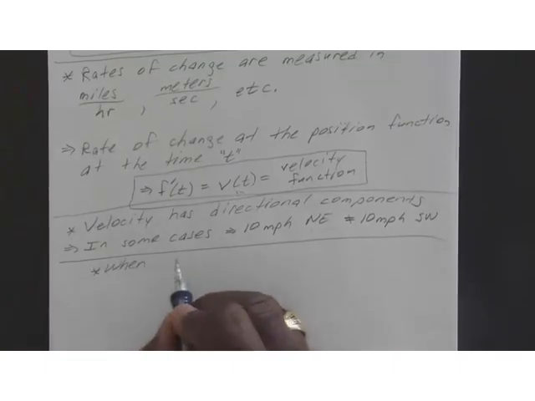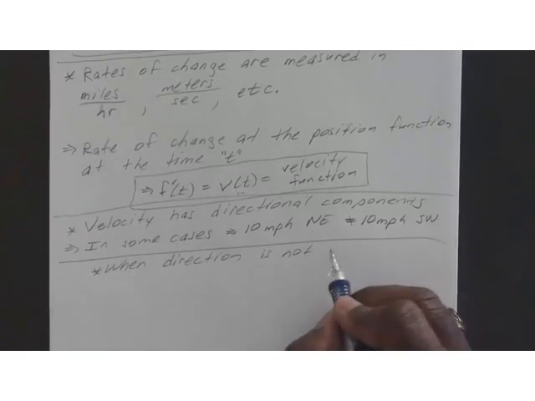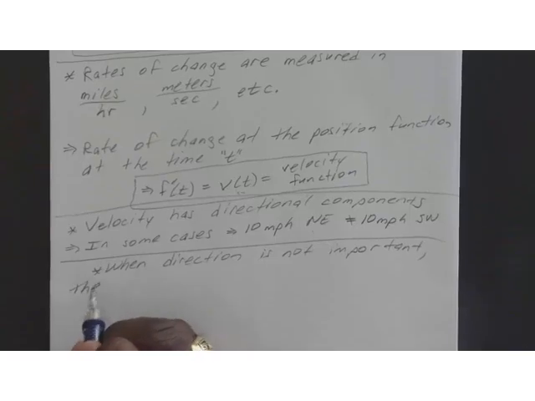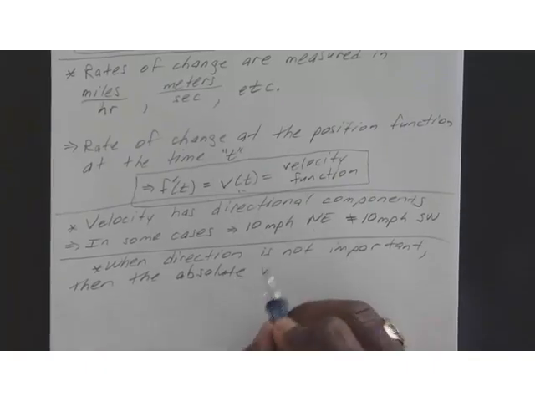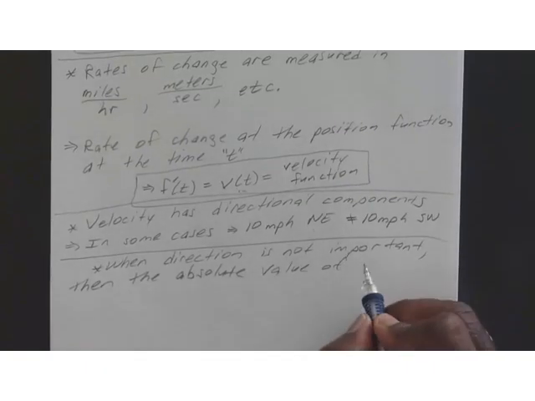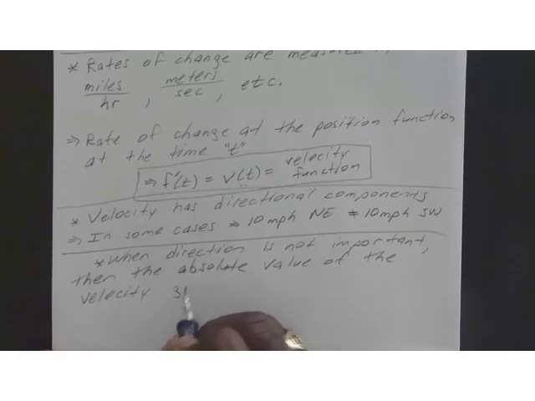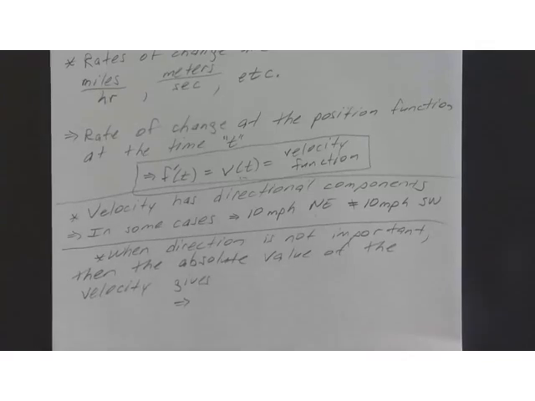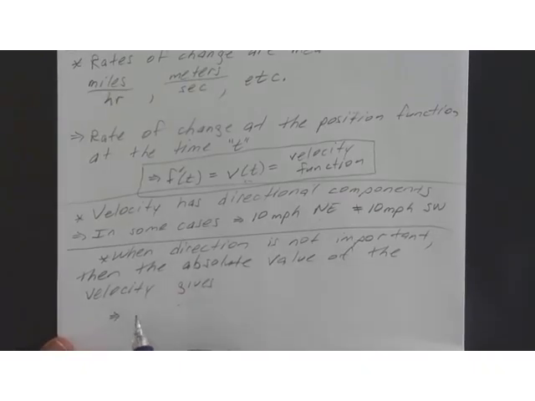So when direction is not important, then the absolute value of the velocity will give us the absolute value of your velocity function.